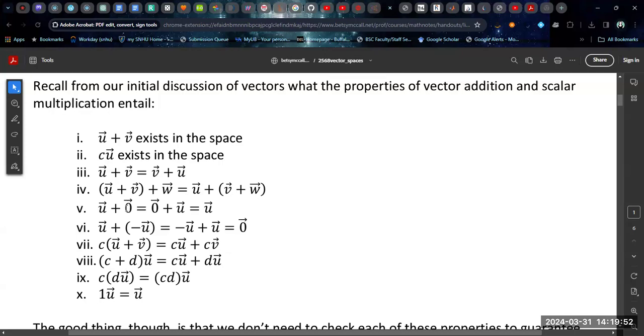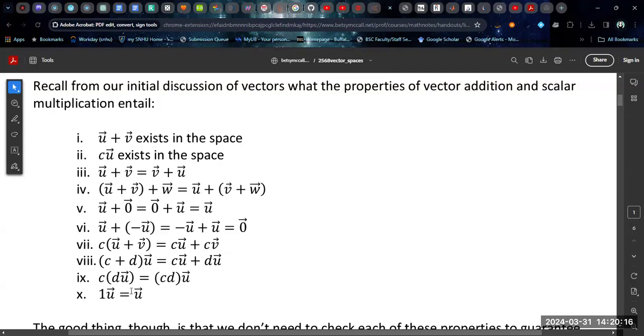There is a 0 function, which is just 0. And if I add that to a function, I get the function back. I can put a minus sign through a function, and if I add it to the original function, everything cancels out, and I get 0. The distributive property in all of these forms applies to functions. And if I multiply a function by 1, I get the function back.